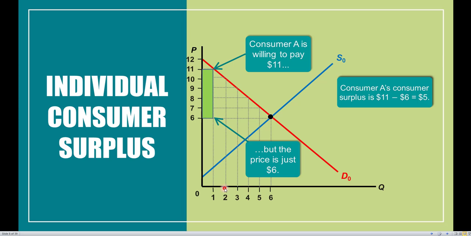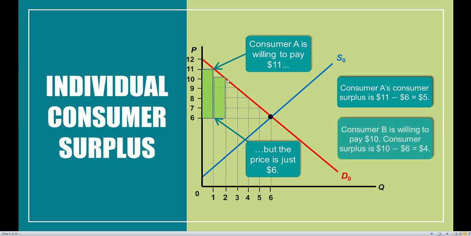So if there is a second unit of this good being brought out into the marketplace, consumer B says, hey, I'm willing to pay $10 for this particular good, but remember, consumer B is not actually paying $10 for this good, he's only paying 6, so 10 minus 6, consumer B has a surplus of $4. And then you continue on this entire process until you reach your equilibrium point.